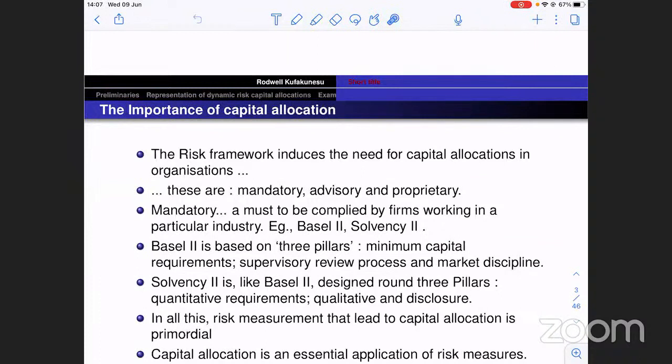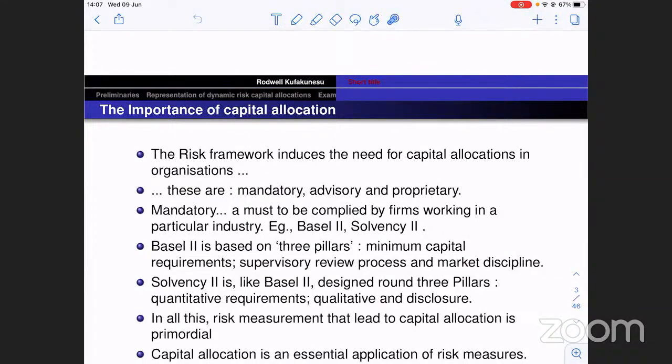This is the type of modeling where we are dealing with compliance, that these capital allocations, some of them are mandatory, advisory or proprietary. So it means you can be forced to allocate a certain amount of money to hedge against some risk.